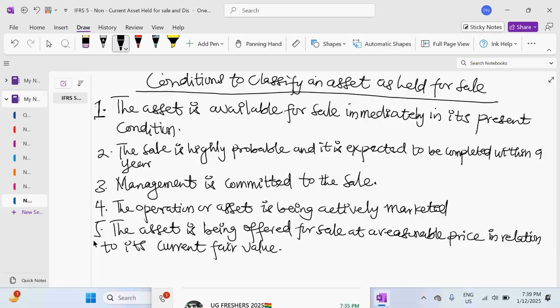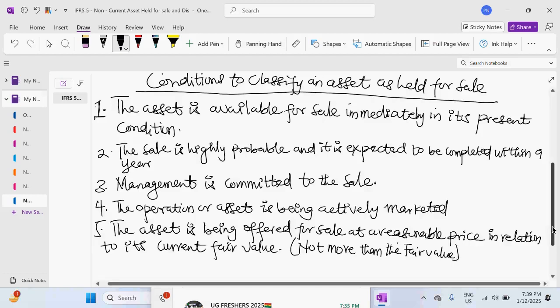So that is basically its market value. So it shouldn't be more than, let me put in brackets, not more than the market value, but it can be less than the market value, not more than the fair value.